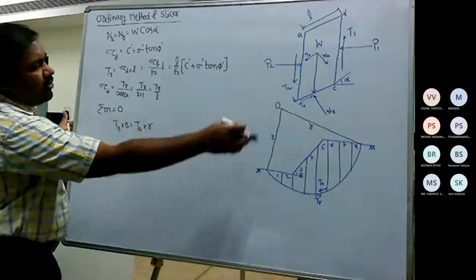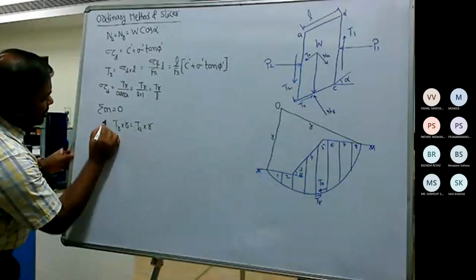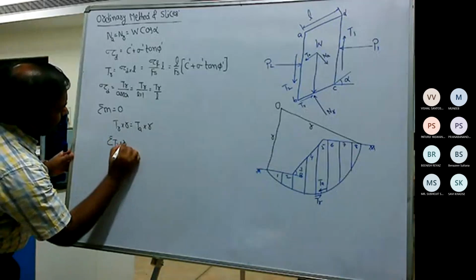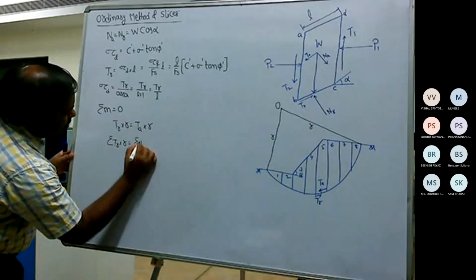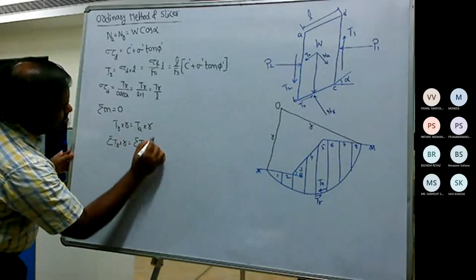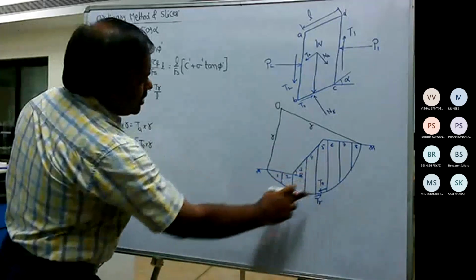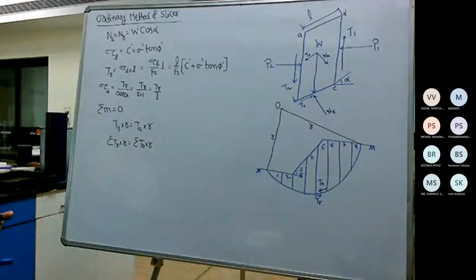For all the slices, this can be written as sigma TR into R is equal to sigma TA into R. This accounts for the shear strength or the shear stress offered by each and every element.